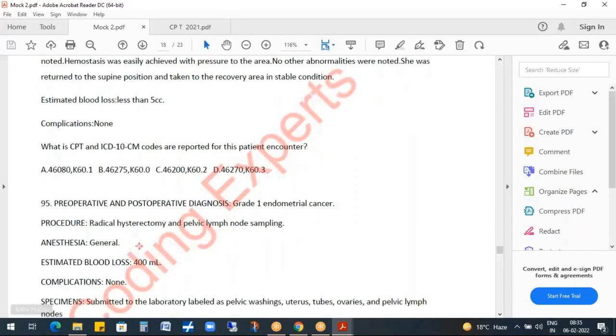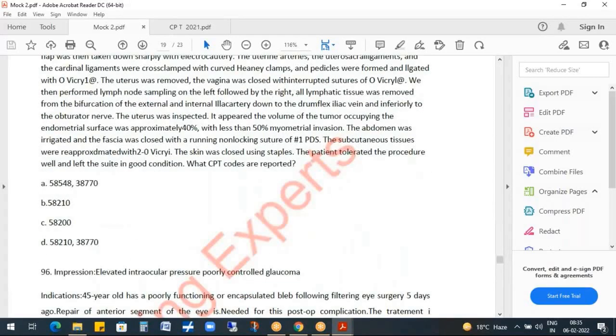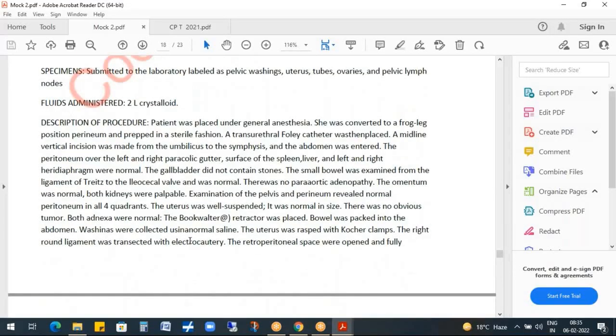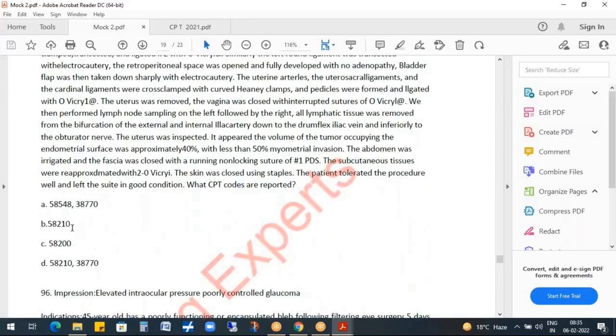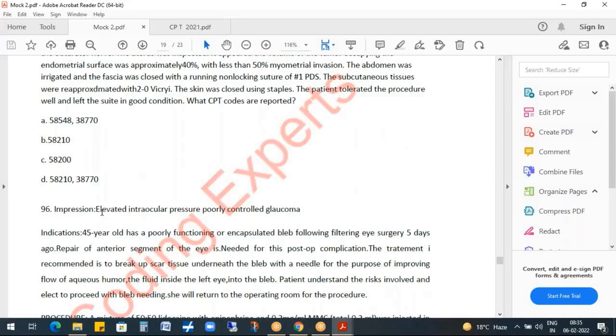Question number 95. Radical hysterectomy is performed with pelvic lymph node. It's a combination code we are getting here. B option, 58210. That is the key term. In question number 96, what is? Yes, sir, here I have coded D, sir.